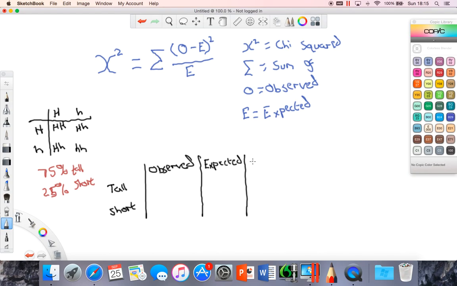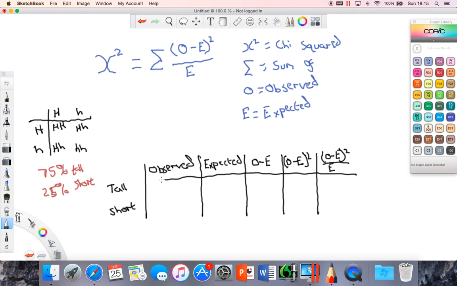We could then have our observed minus our expected. Then our observed minus our expected squared. Put that in brackets, because remember, BIDMAS, we always do the brackets first. And then we could finally have the whole equation: O minus E squared, divided by E. And I always arrange my chi-squareds into a table like this, purely because if you try to cut corners, either you can get confused or the calculator can get confused.